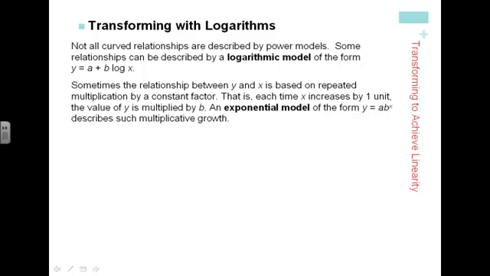Increased salaries for teachers who get old like me. So, if it's multiplicative growth, it grows by a particular percentage. That's an exponential model, and it's modeled by the equation y is equal to a b to the x.